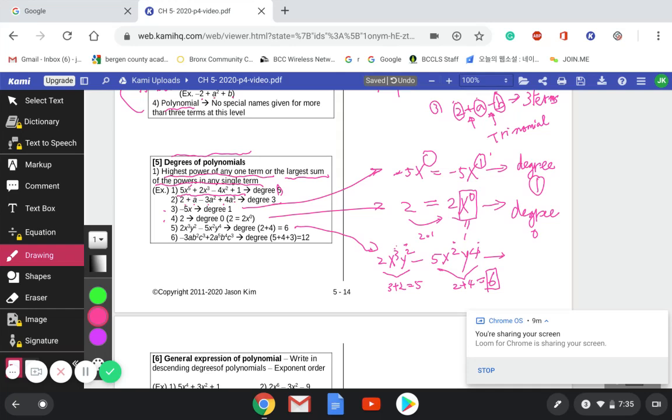So the degree of this particular binomial, because you have two terms, is 6, because 6 is higher than 5, so you choose the 6.